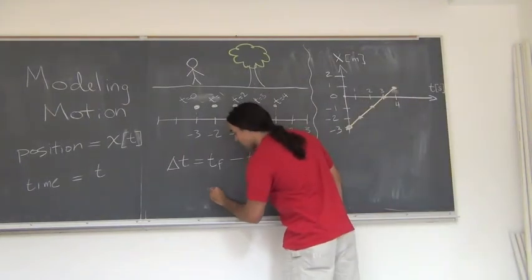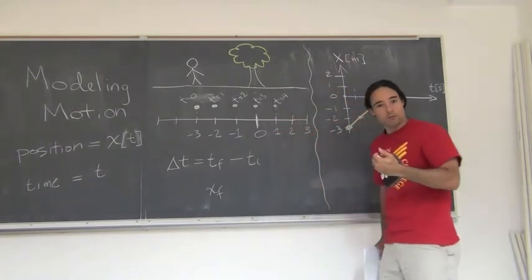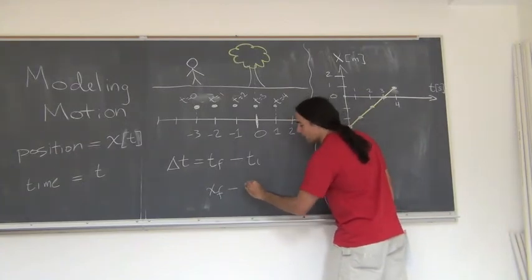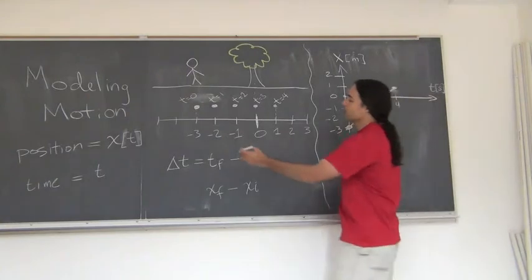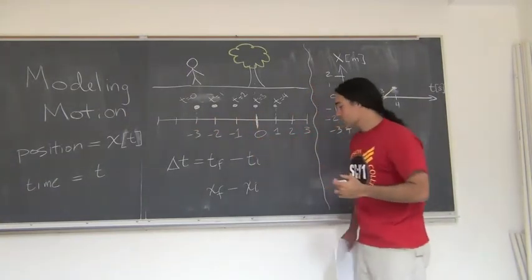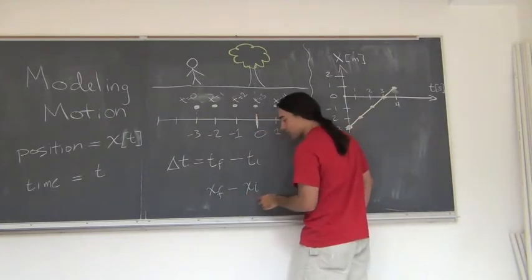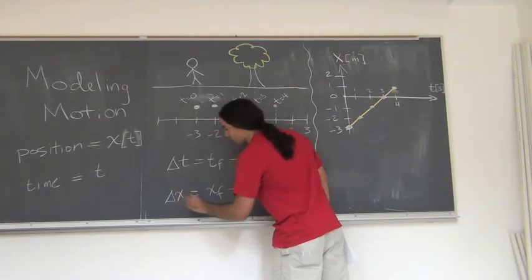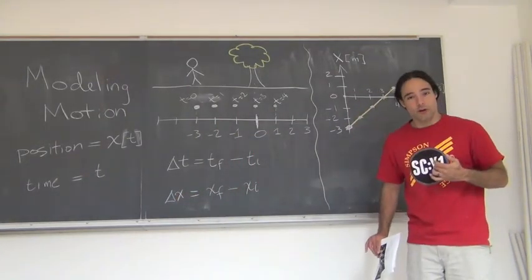Similarly, I can look at my final position, which in this case again is just 1 meter away from the tree. I could also have an initial position. Again, in this case, it's just negative 3 meters. If I look at the change in those two quantities, x final minus x initial, we call that delta x. We use the symbol delta x to represent that.